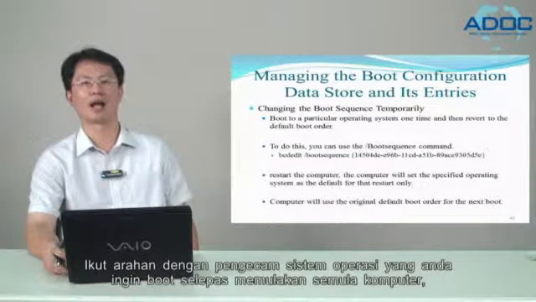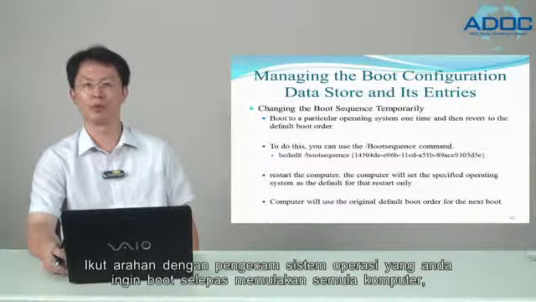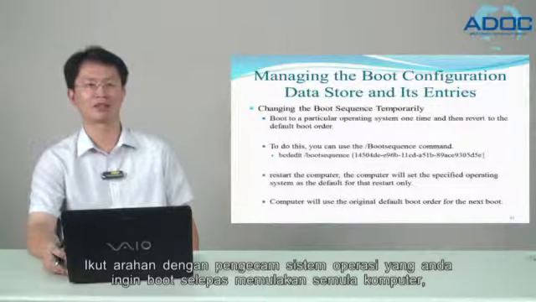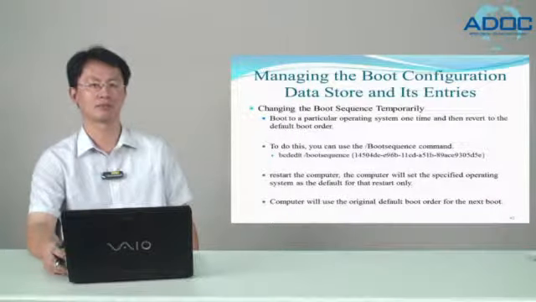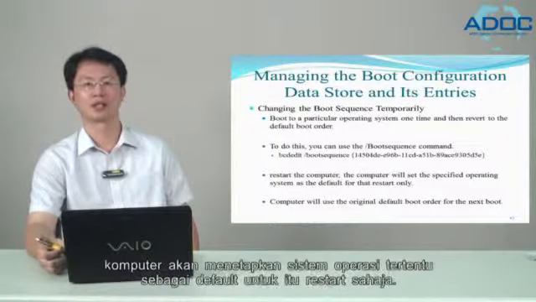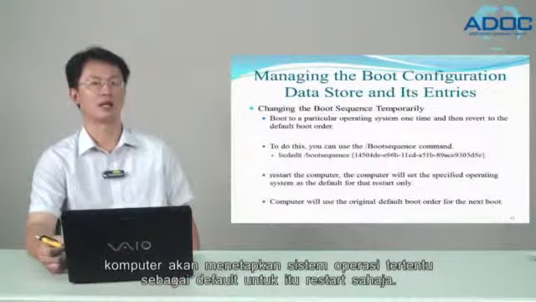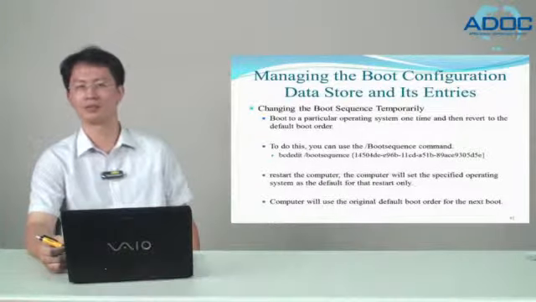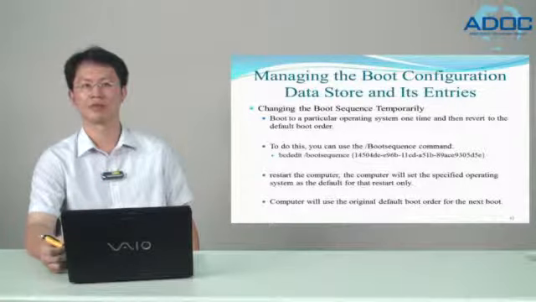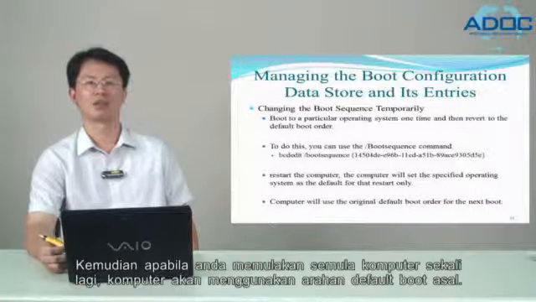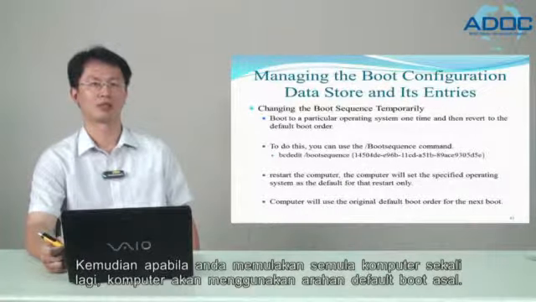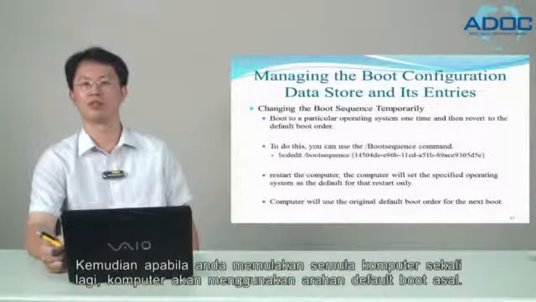Follow the command with the identifier of the operating system to which you want to boot after restarting the computer. When you restart, the computer will set the specified operating system as the default for that restart only. Then when you restart the computer again, the computer will use the original default bootloader.